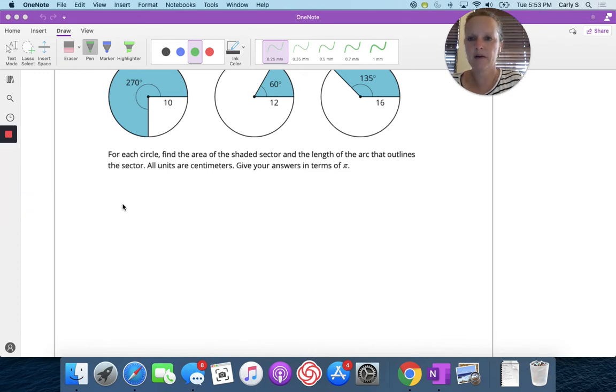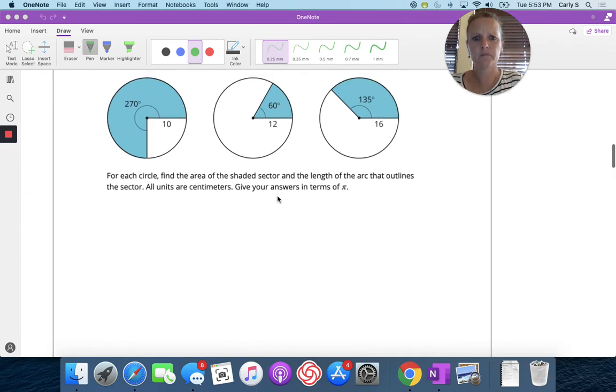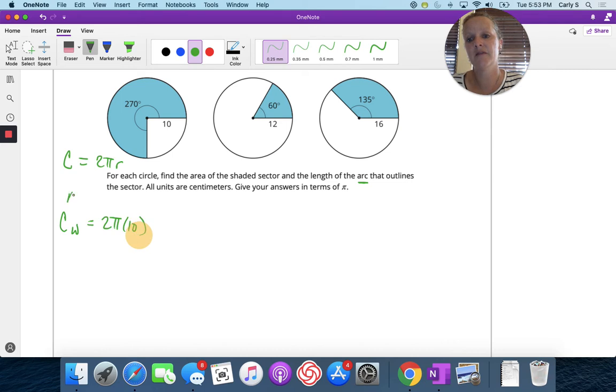All right, let's talk about the circumferences. So remember, we talked about the length of the arc being associated with the circumference, 2 pi r. So let's do it. So we want the circumference of the whole is 2 pi times 10 for A, which is 20 pi.